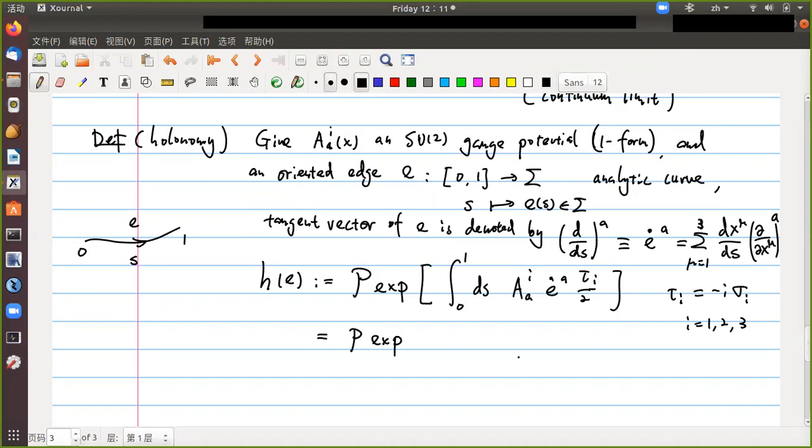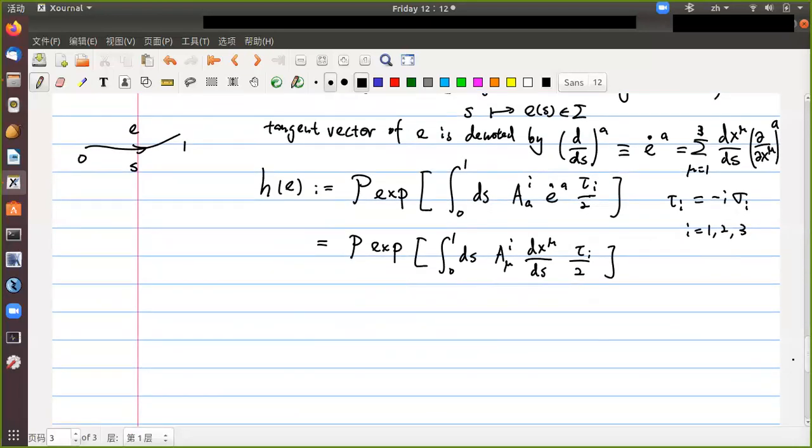Using coordinates, you will probably see the formula more explicitly: A_mu^i and dx^mu/ds. This is what we call the path-ordered exponential, P exponential.